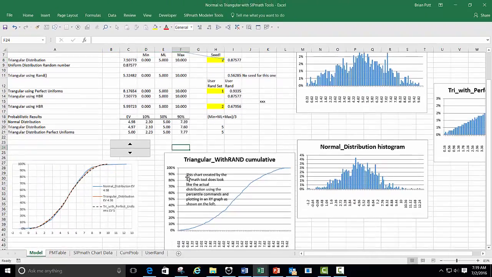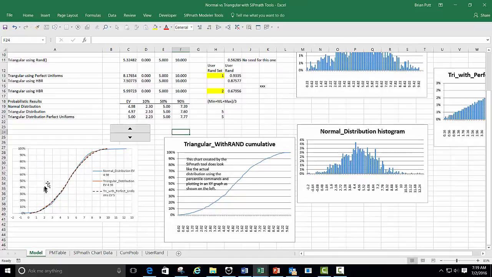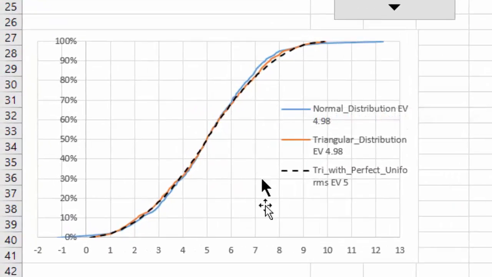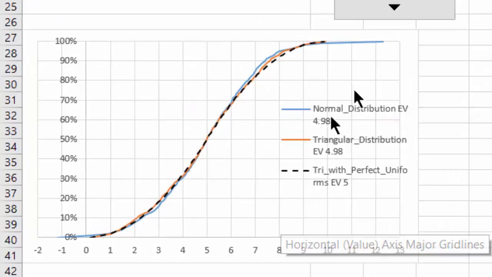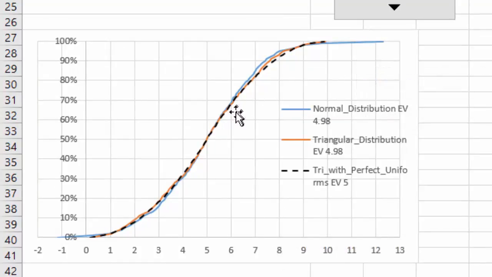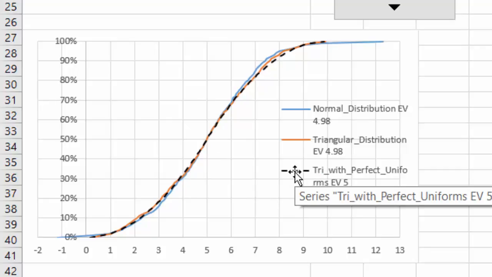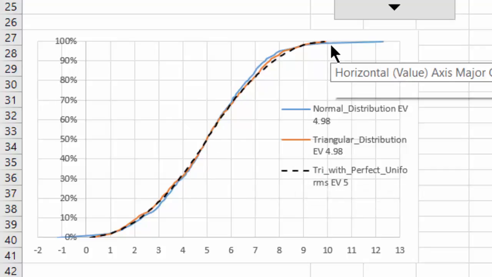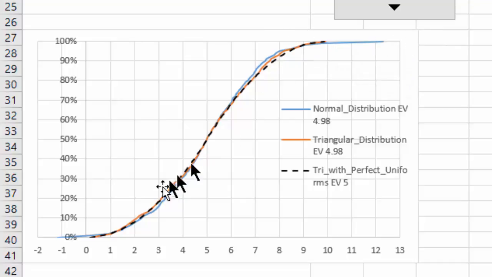They are shown down here in our S-curve. And you can see that the normal distribution, shown in blue, is very, very similar to the triangular distributions, which I've done two different ways here, shown in the orange and the dashed black line. One of the differences is that the normal distribution goes to positive infinity and to negative infinity, and we've constrained our triangular distribution to 0 and 10.